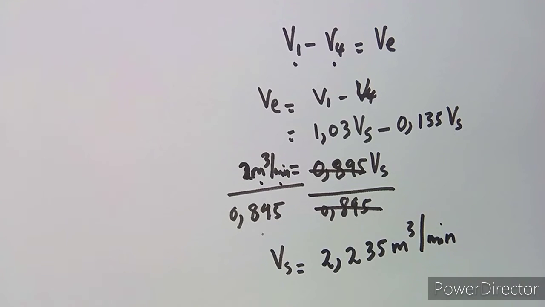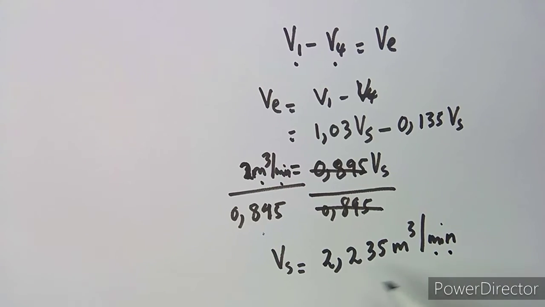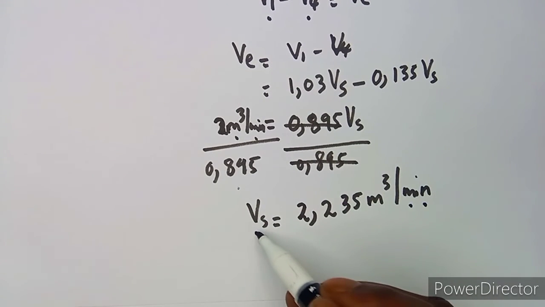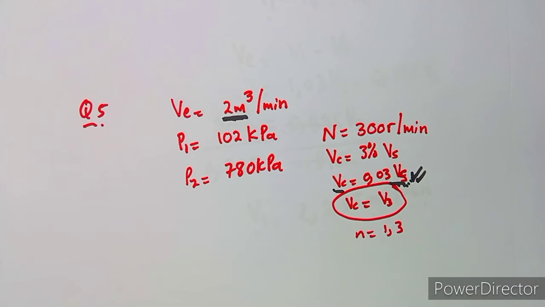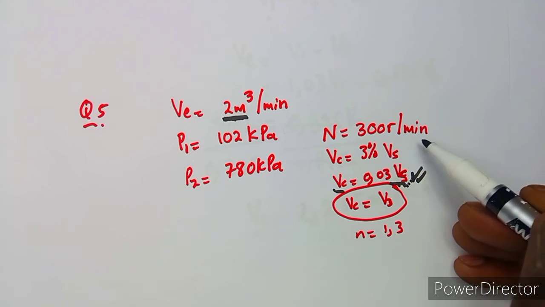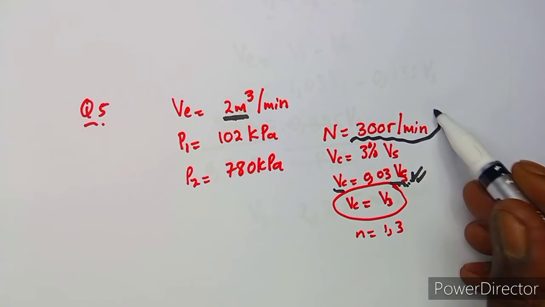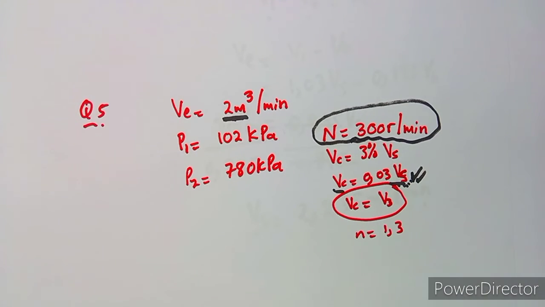So the question is, how am I going to remove this per minute so that I remain with the actual Vs? That's where we have to use this information. Remember, we've got revs per minute here.